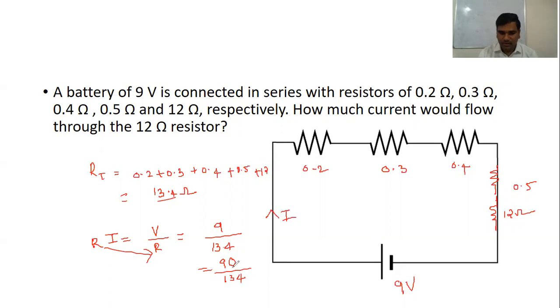Or further, if I divide, I can add 10^-1, then 900 by 134. So approximately 6 point something we will get here. The current flowing will be how much? So just calculate this.